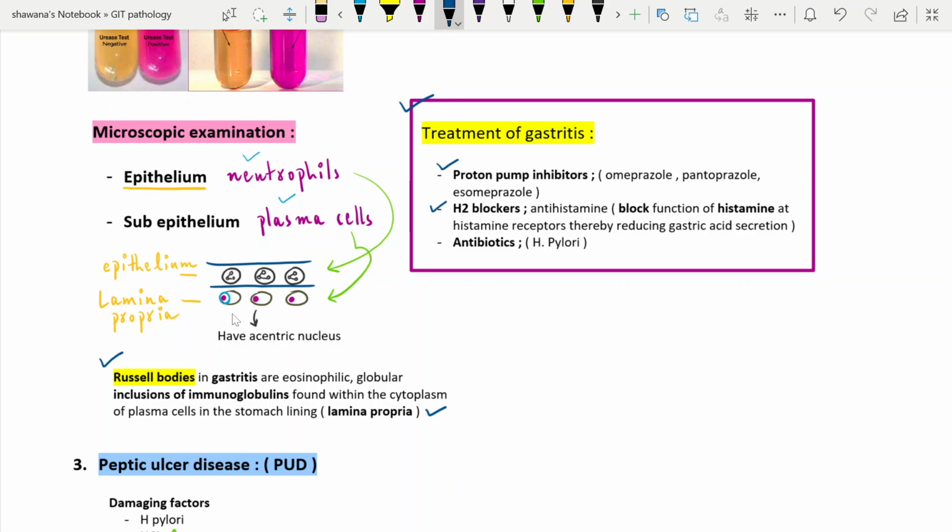H2 blockers block the function of histamine at the histamine receptors and they reduce gastric acid secretion. This is for acute gastritis. Okay, we are focusing on inhibiting the secretion of gastric acid that has been the cause of our gastritis. In case of bacteria-related gastritis, we can give patients antibiotics for H. pylori.